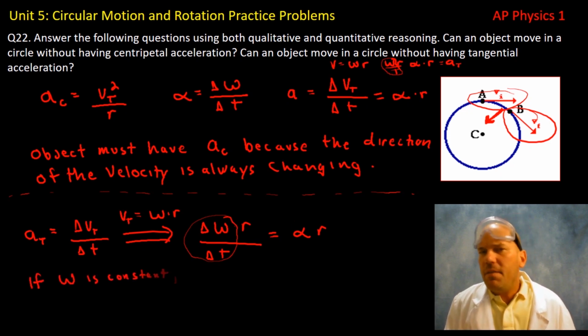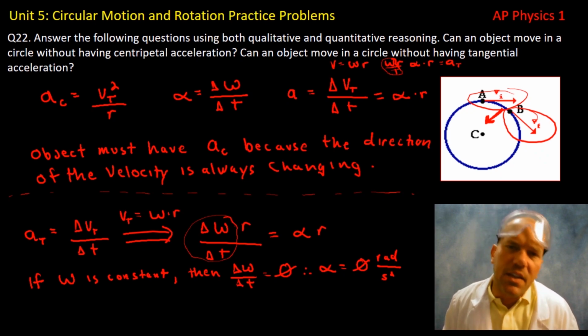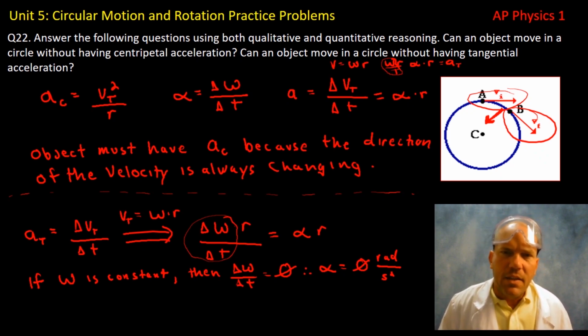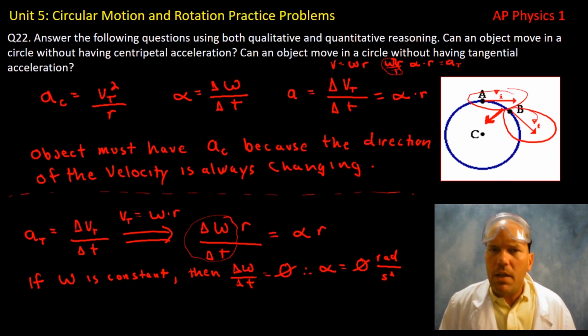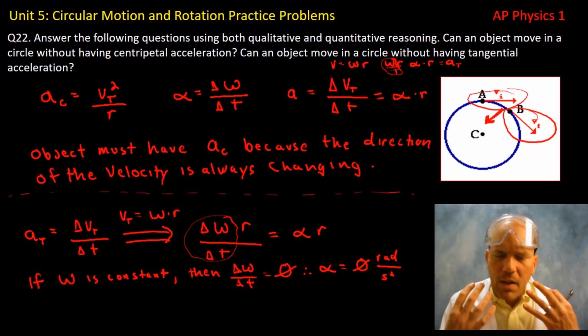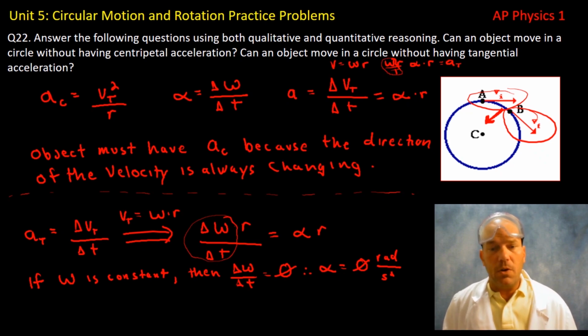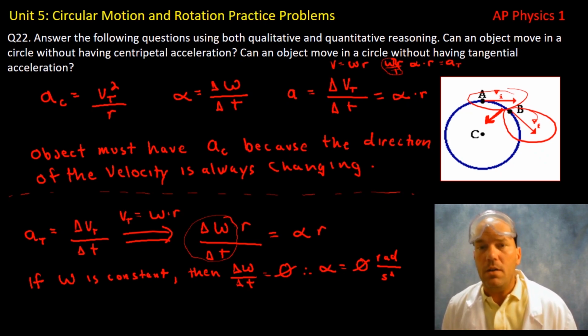So, if omega is constant, in other words, if we have a constant angular velocity, then change in omega over change in time is 0. If the angular acceleration is 0, then we're saying 0 multiplied by r equals 0.